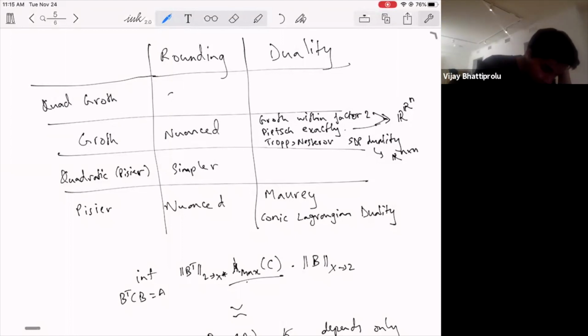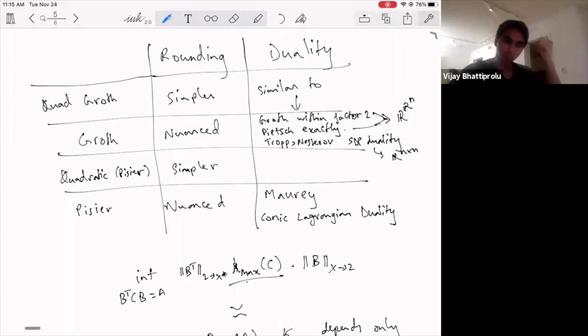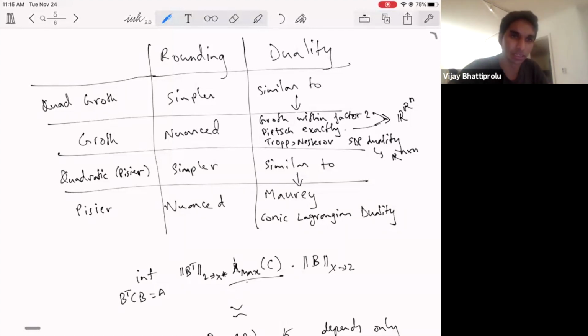Again, the rounding algorithm here is simpler. But the duality statement here is very similar to Grothendieck's duality statement, and the duality statement we need for the quadratic Pisier theorem is very similar to Maurey's duality statement.